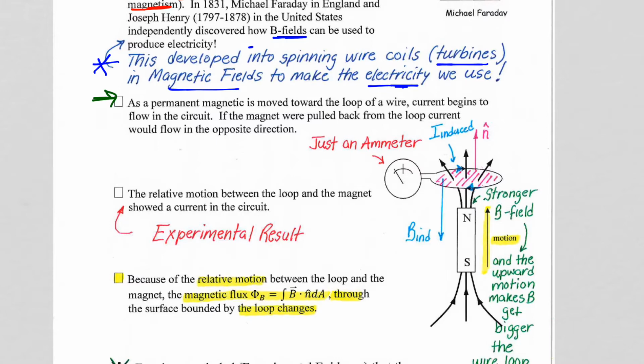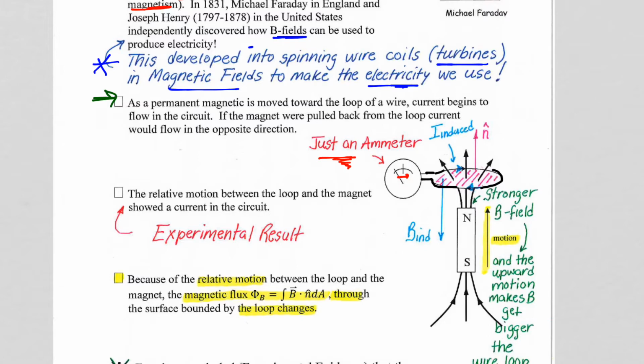It's a loop in this case, so this circle here is our wire. I have it connected to an ammeter, but it's not a powered device. The ammeter is passive. It will just measure whether there's current in that circuit, so the needle deflects if current appears in that wire, but there's no power supply.